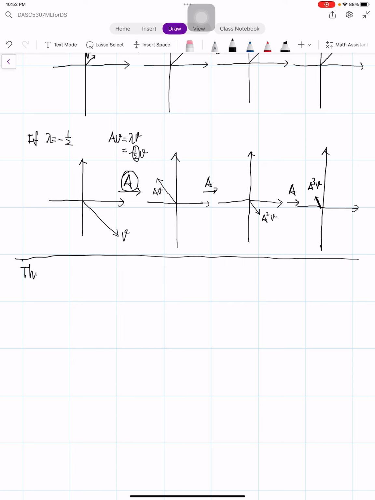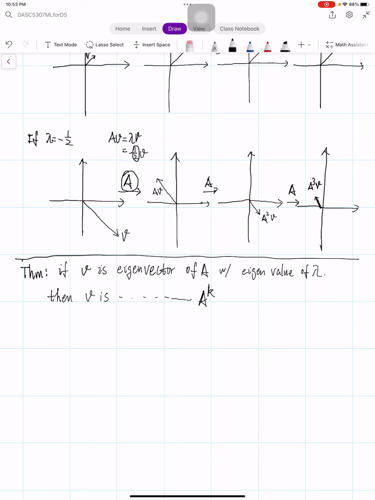The theorem: if nu is the eigenvector of A with eigenvalue lambda, then nu is also the eigenvector of A to the power k, for any integer k.